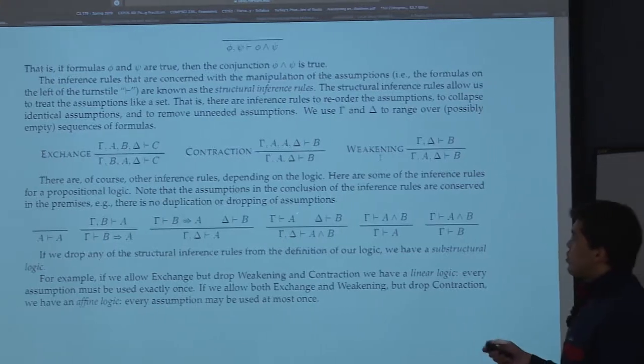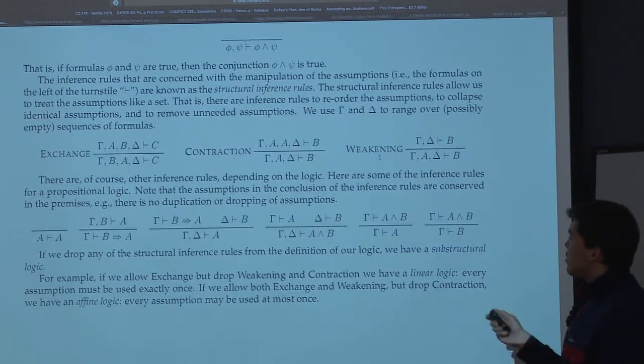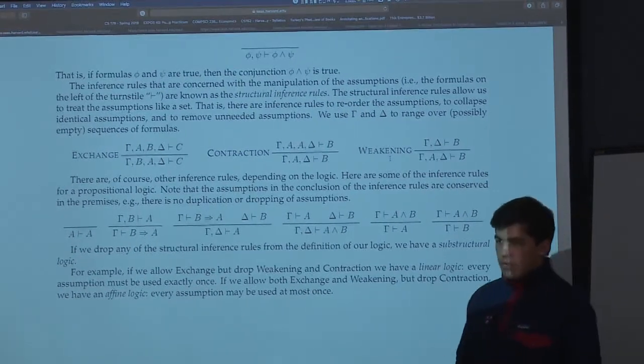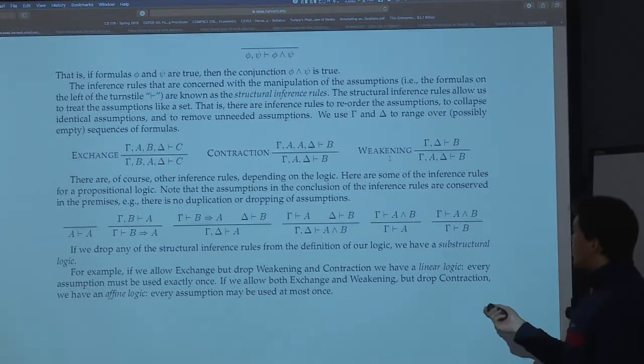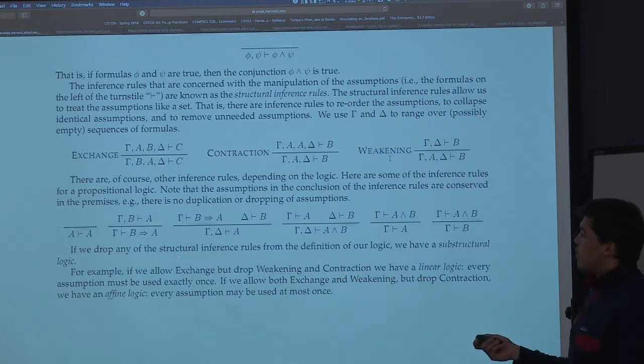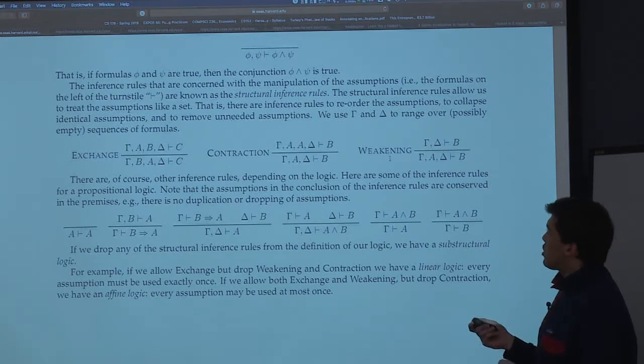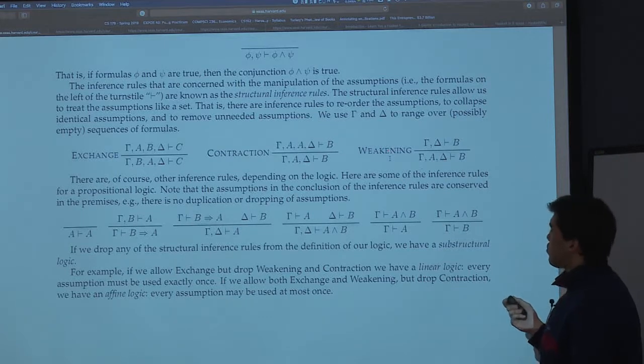If we drop any of these structural inference rules here, then we have what's called a substructural logic. And the one that we're interested in for today is what's called a linear logic, where we allow the structural inference rule of exchange to hold, but we don't require the contraction and weakening structural inference rules to hold.